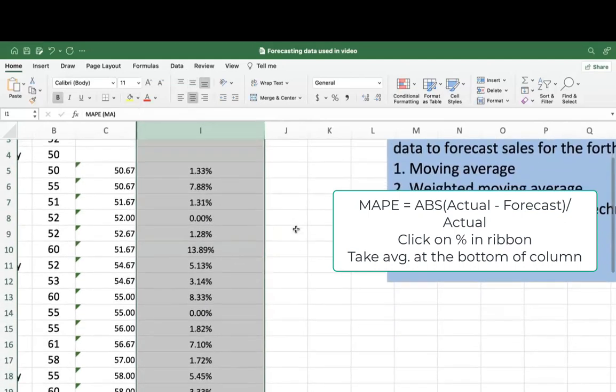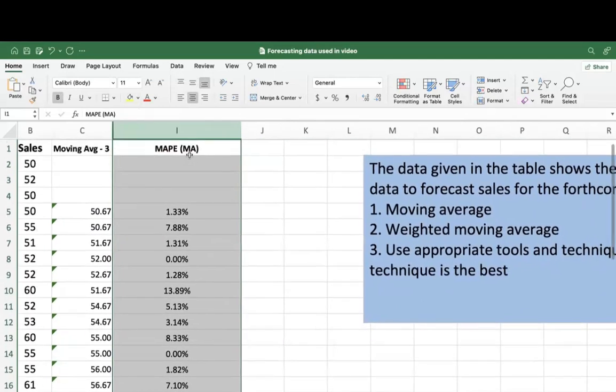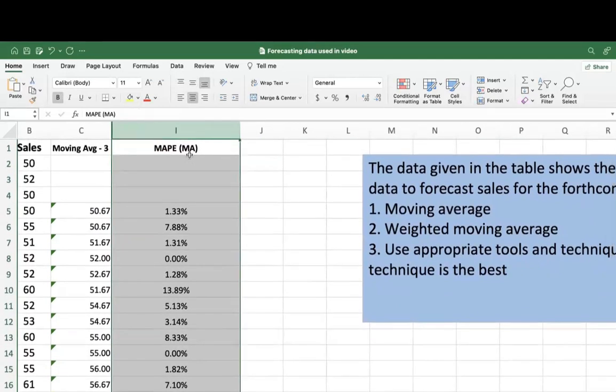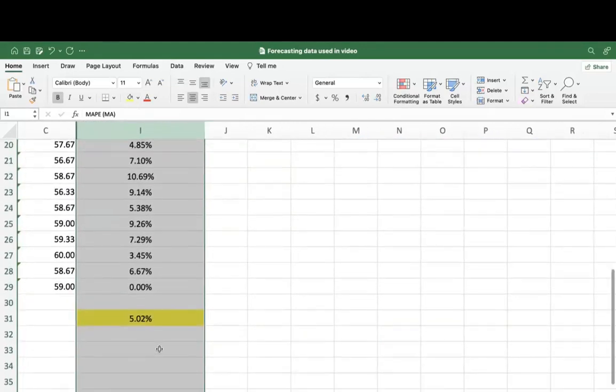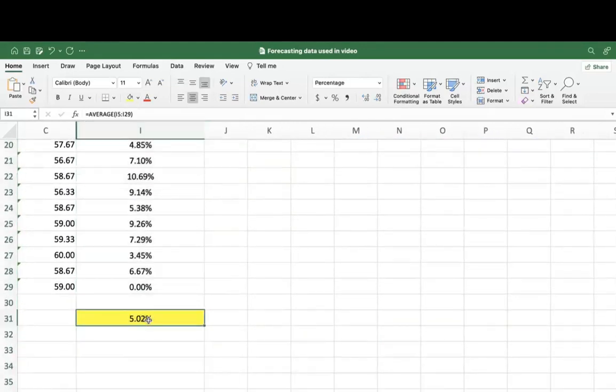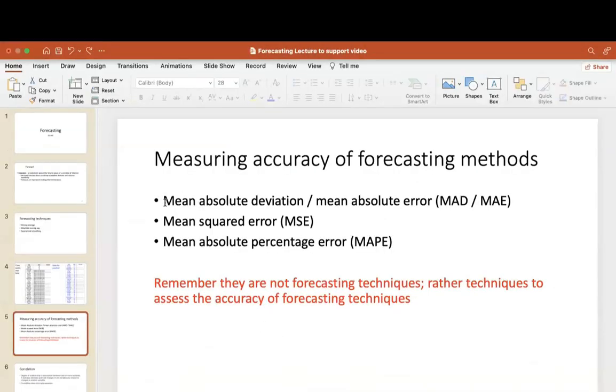And this is the mean absolute percentage error using moving average. If I apply the same technique to weighted moving average, the result will be much higher, because it's the same thing we came across in MAD and MSE. We have done all these three techniques.